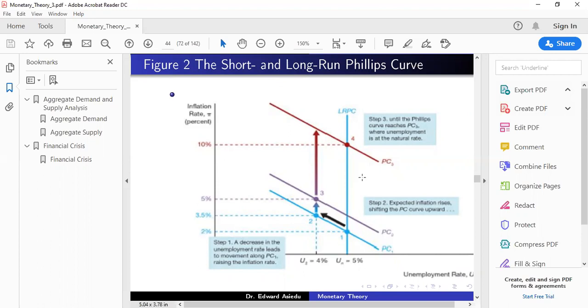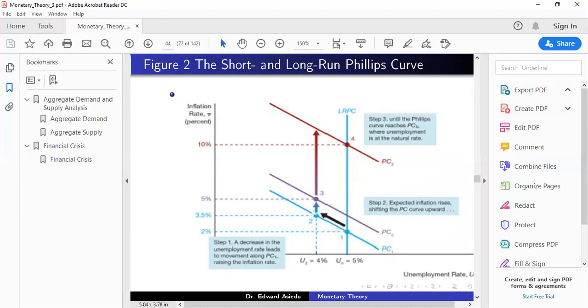Here you have the long run Phillips curve. And the long run Phillips curve is giving you an unemployment rate of around 5%. And then you have the short run Phillips curve, PC1. You're saying a decrease in the unemployment rate from 5% to say 4% will increase inflation.